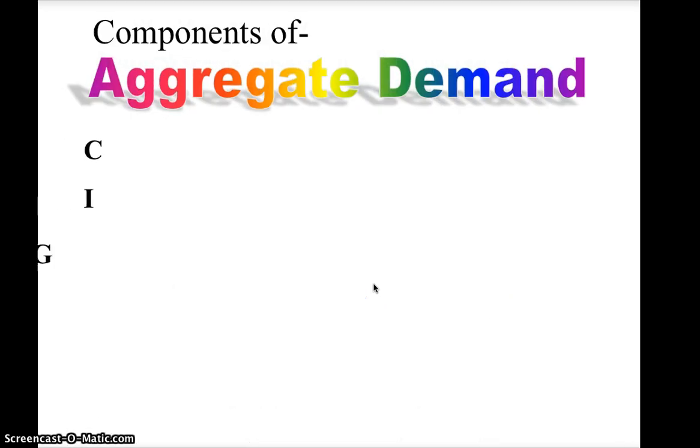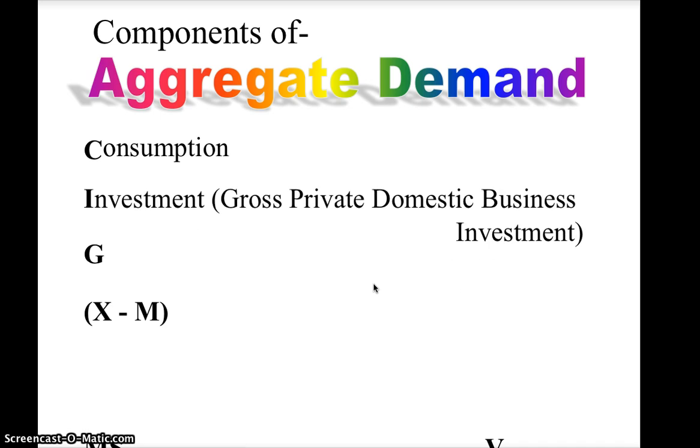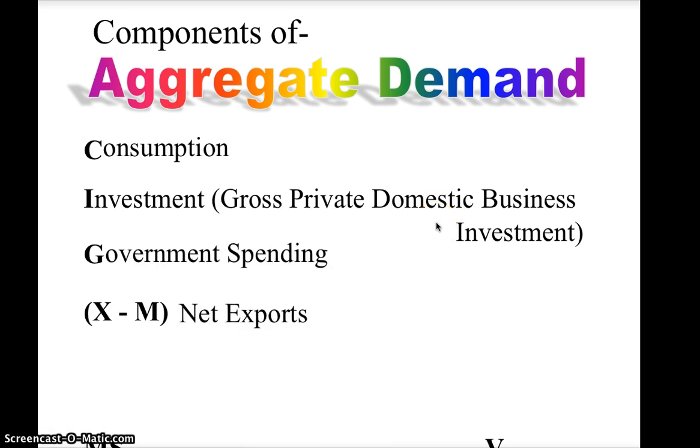So to just go over it again, I've added two more components of aggregate demand there at the bottom. They might be cut off a little bit by the screen. But consumption, investment, we're talking about businesses investing in their own businesses in this country, government spending, and net exports. I added something called the money supply or the money stock and velocity of money.